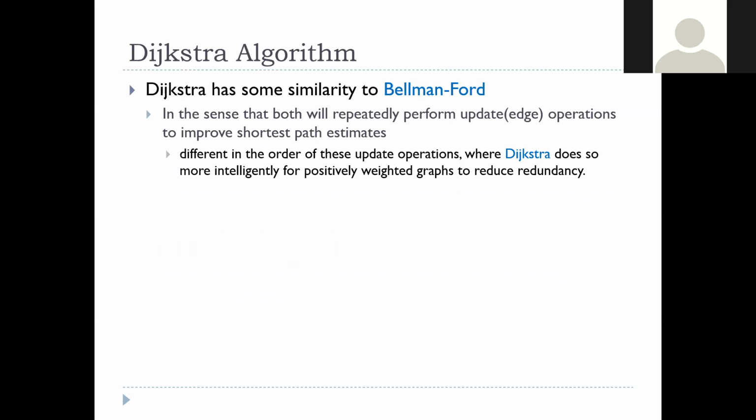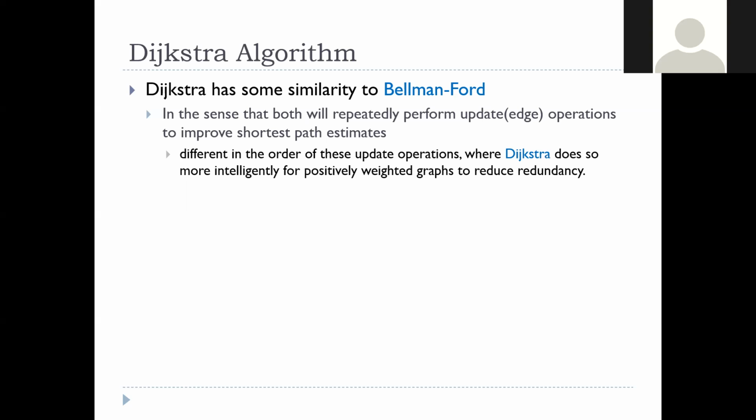Now the Dijkstra algorithm is going to have some similarity to the Bellman-Ford algorithm we introduced last time, in the sense that both of them will repeatedly perform these update operations to keep improving our shortest path estimate until we cannot improve anymore. The difference lies in that Dijkstra will perform these update operations more intelligently, to remove redundancy.